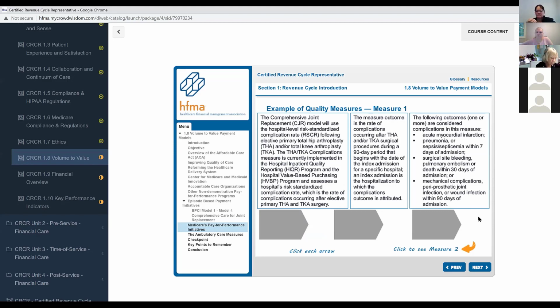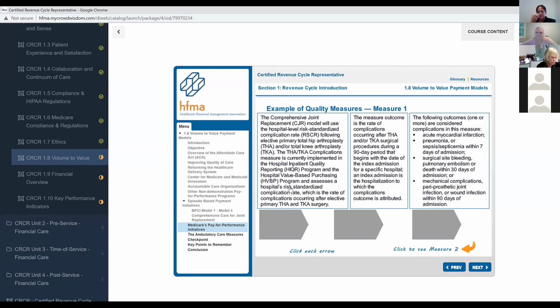The second measure, or two of the second measures, I should say, goes back to our first night. One is the HCAHPS survey, where they have 32 specific questions they will ask the patient regarding their stay. So they're using that as a quality measure.